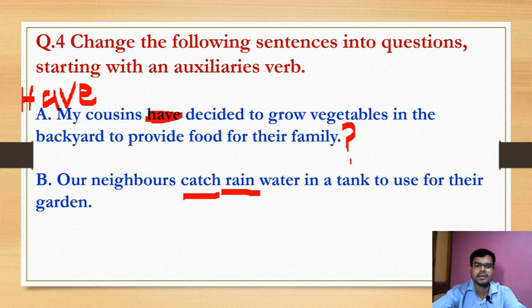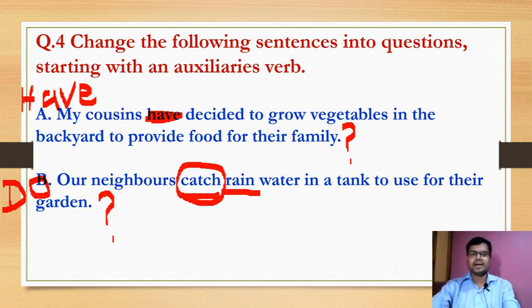So whenever there is no s or es, at that time we have to simply write do. So in the starting we'll write do and then the answer: do our neighbors catch rainwater in a tank to use for their garden?